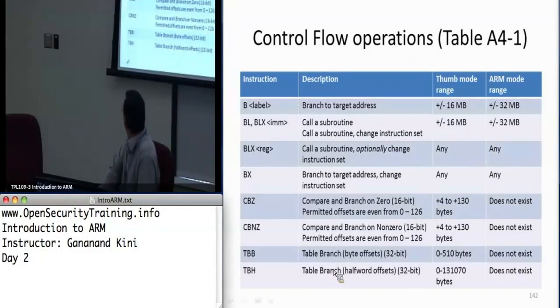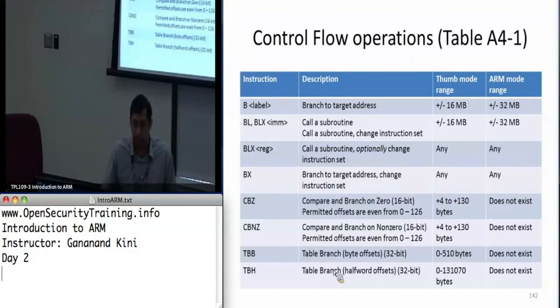So from the TBB, it branches by an offset specified by a byte that's in the base register plus an offset. In the bomb lab, you probably saw a TBB followed by a square bracket, and then PC comma offset.